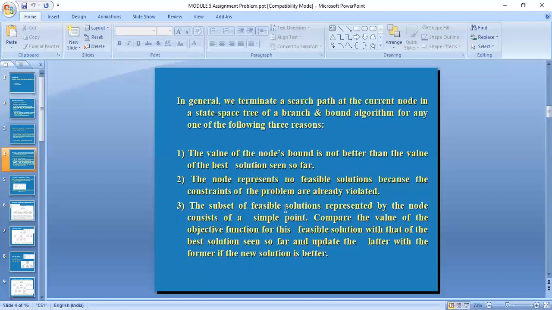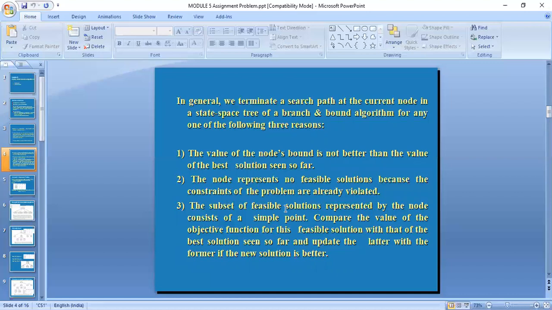Now you compare the value of the objective function for this feasible solution with that of the best seen solution so far, and you need to update the latter with the former if the solution is considered to be a better one. If you get a better solution, you move ahead only with that particular node. When you consider the better one, we say that it is the most promising one.